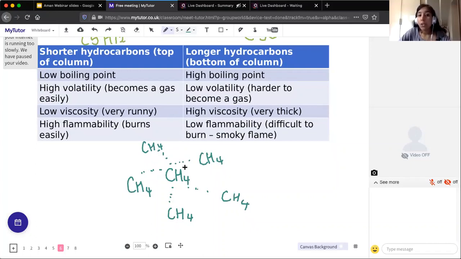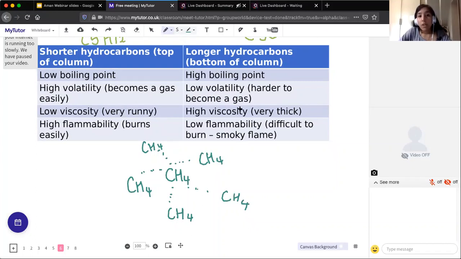It's really important you don't say break the forces, because those forces aren't really there, they're attractive, so you essentially overcome those forces. The reason that shorter hydrocarbons become gases a lot more easily is because there are those weak intermolecular forces between those molecules, and that's why they become a gas very easily.